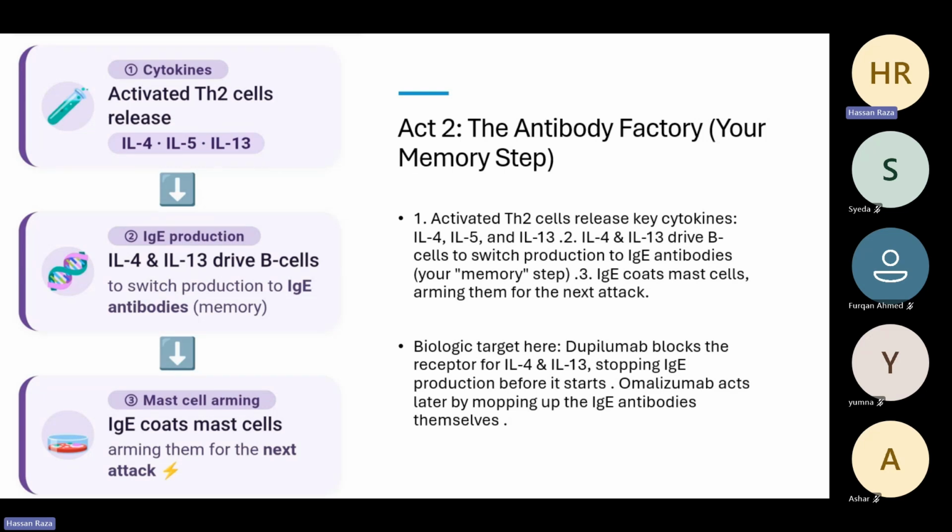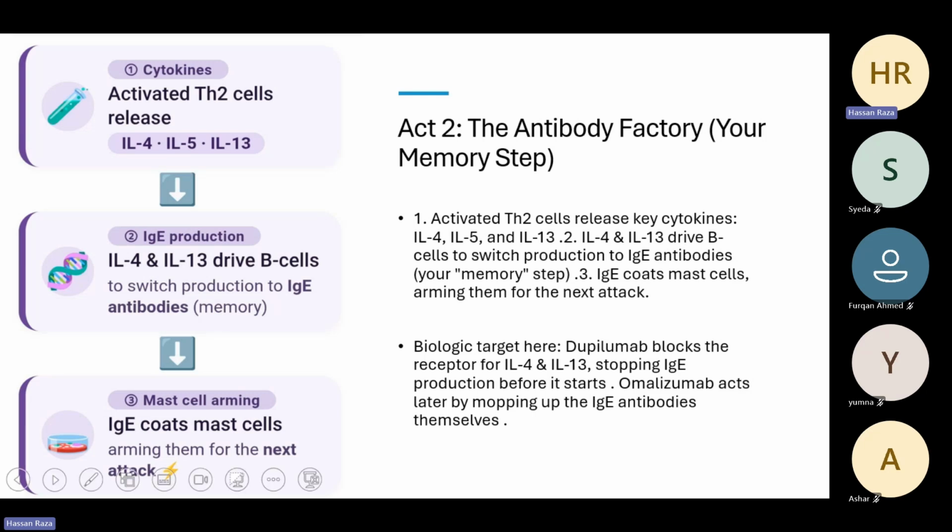These interleukins activate B cells and make them produce IgE antibodies. And then these IgE antibodies adhere, get stuck to the surface of the mast cell. So these two steps are really important to understand.